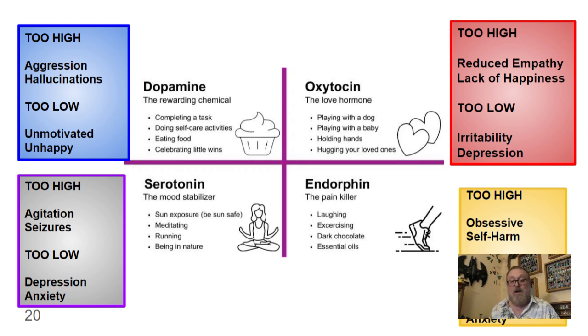And the last is oxytocin. It is known as the love hormone, but it really increases positive social interaction and reduces stress. High levels of oxytocin cause reduced empathy, difficulty in forming and maintaining relationships, a lack of happiness, difficult feelings of affection, and increased anxiety.